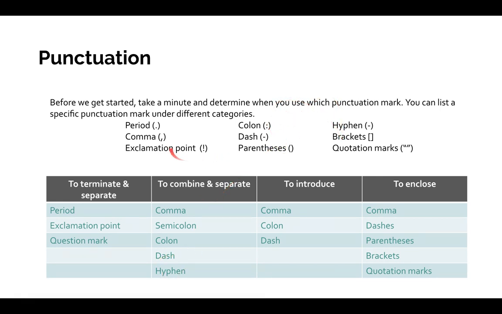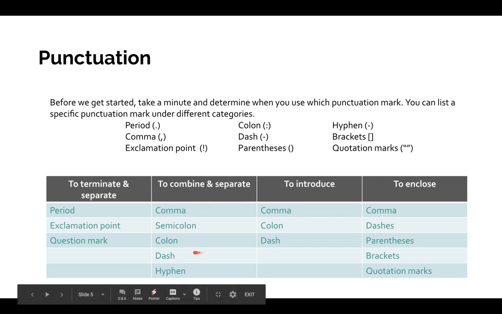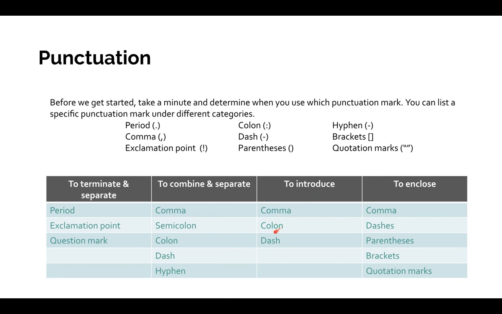Now, we're going to see in your guys' warm-up that a comma, parentheses, and dashes are actually the same thing. They function very similarly. But I'm rushing ahead. So we've got to combine and separate with our commas, semicolons, colons, dashes, and hyphens. To introduce, we see these towards the start of sentences.